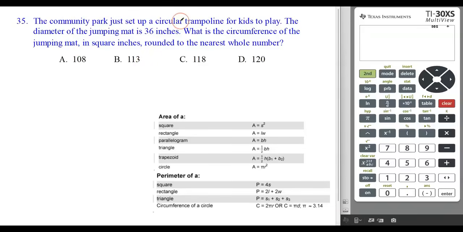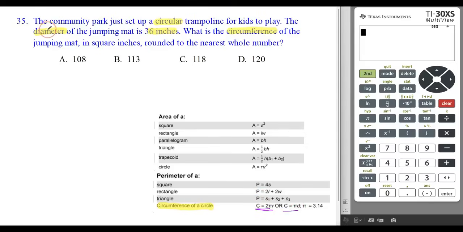Well, let's see. We're dealing with the circle. And we're given the diameter of the circle is 36 inches. And we're looking for the circumference. So based on that, go on my formula sheet. I see circumference of a circle. So I'm going to use one of these formulas here, either this one or this one.